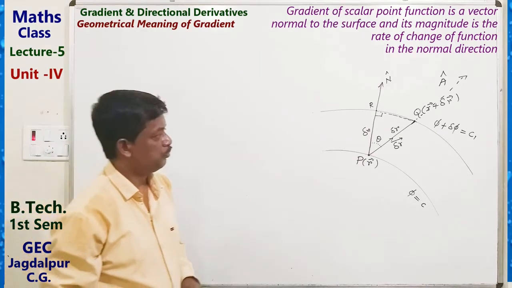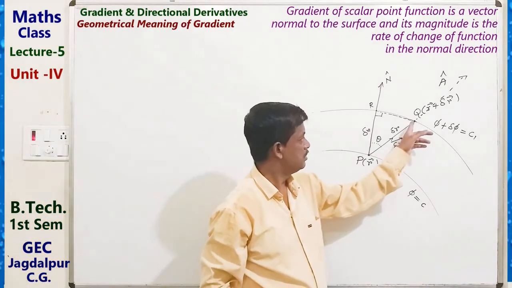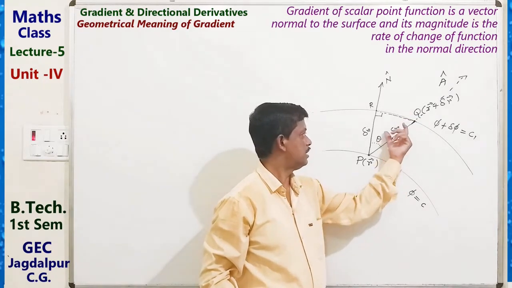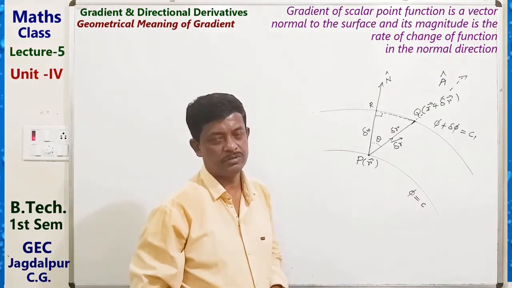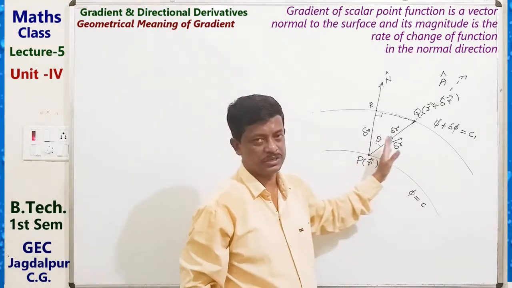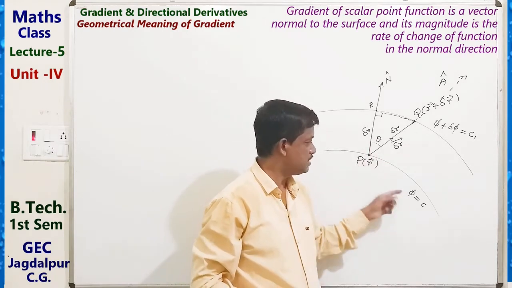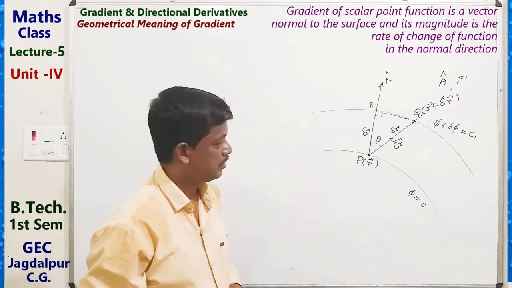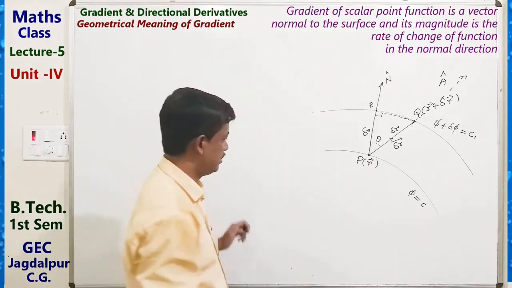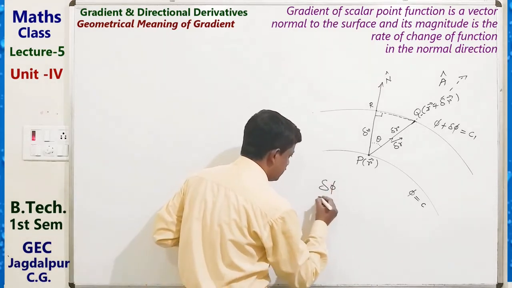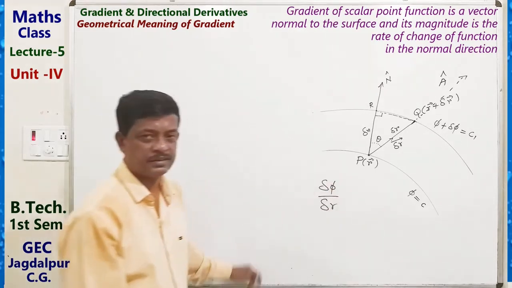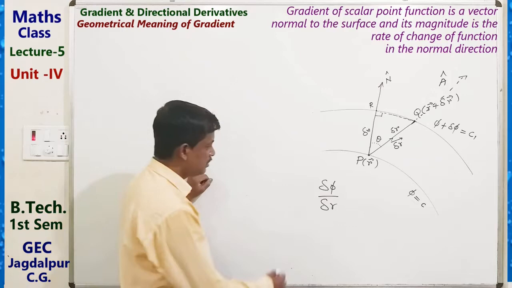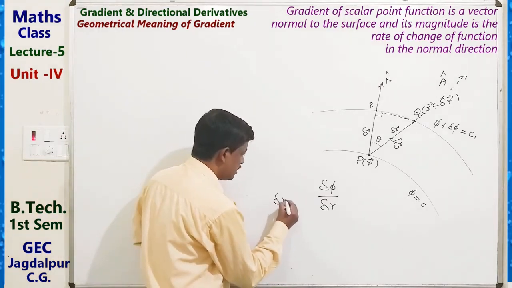Now, when we suppose Q lies on this level surface, in that case delta r tends to 0. So the limiting position for changes in phi, that is delta phi by delta r, when Q lies on the surface, delta r tends to 0.